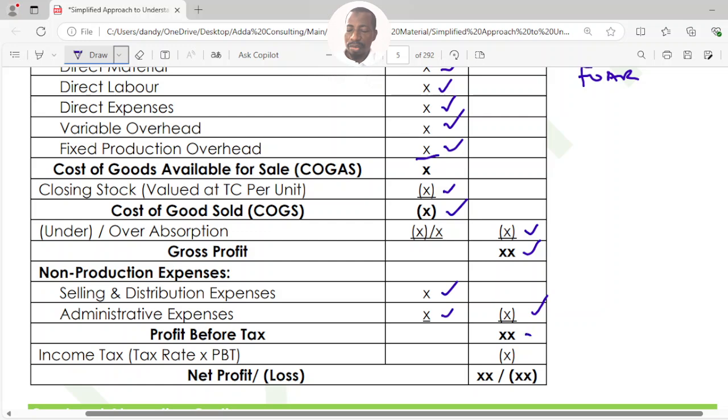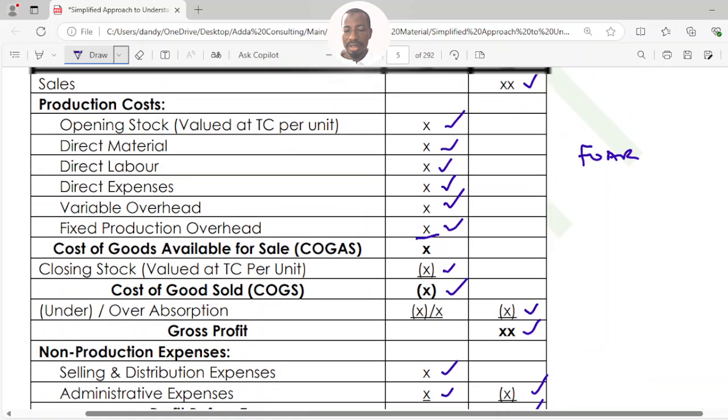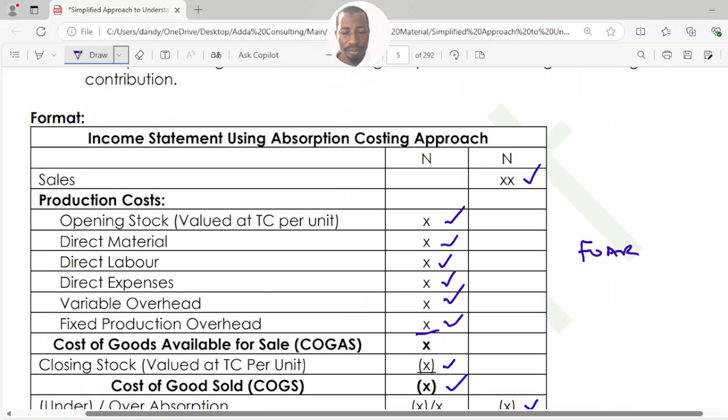The difference is profit before tax. Then I charge tax by multiplying the tax rate by the profit before tax, and the difference gives me either net profit or loss. So this is the format for calculating the income statement using the absorption costing approach.